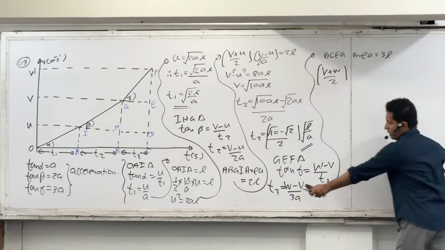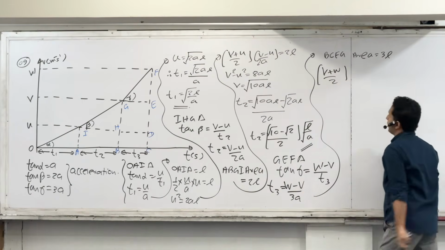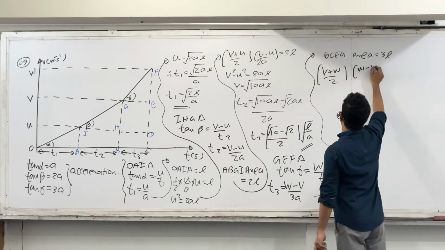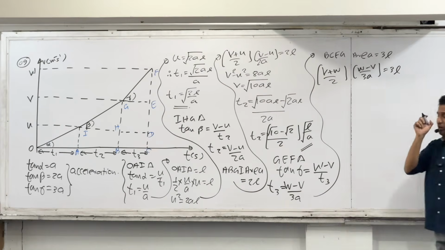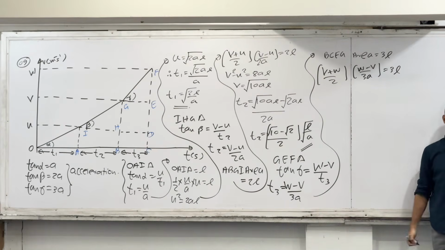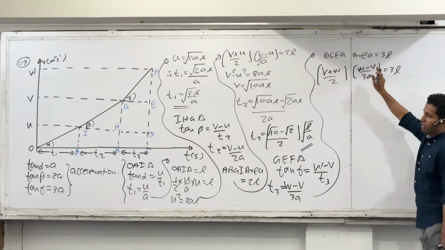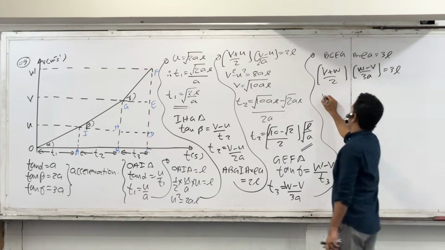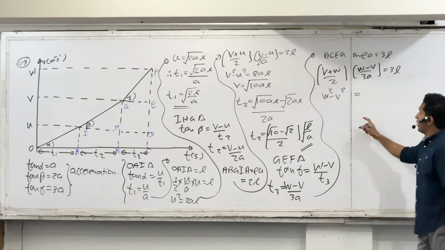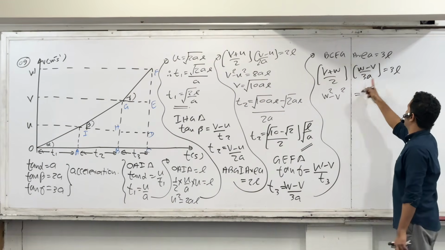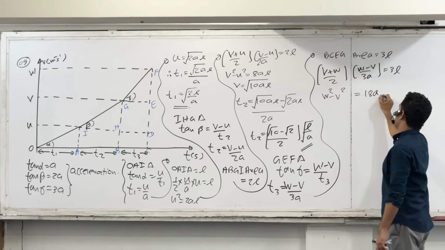What was T3? W minus V over 3A. So this equals 3L. Again in the numerator the difference between the two is taken, W minus V times W plus V. Then W squared minus V squared equals 2 into 3, 6, 6 into 3, 18AL.